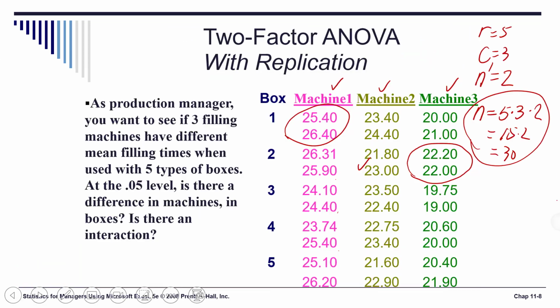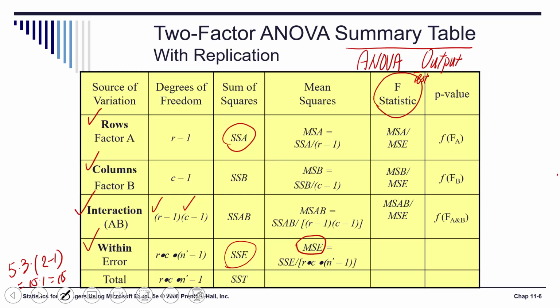For the column factor, we do mean of square for the column factor divided by mean of square error. And also for the interaction factor, mean of square interaction over mean of square error. So we get all those F values, and then each F value will yield P values. And if the P value is less than alpha, then we reject H0.